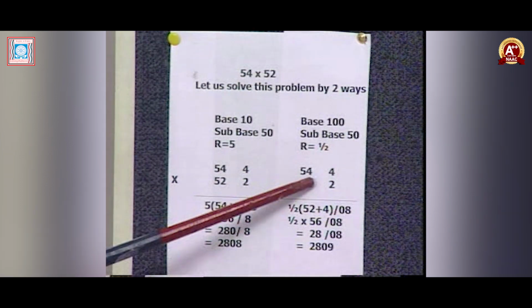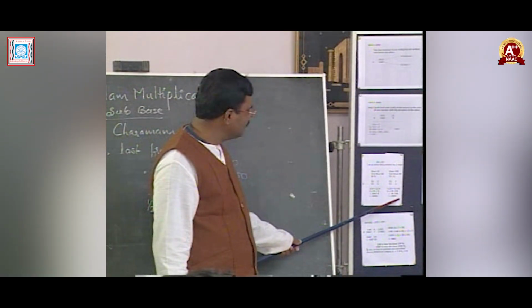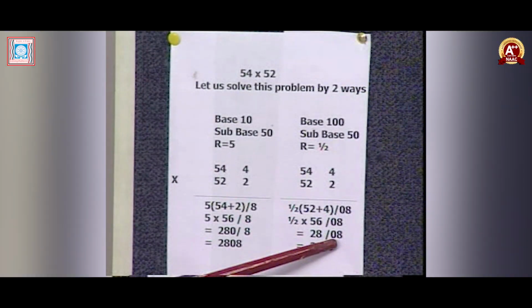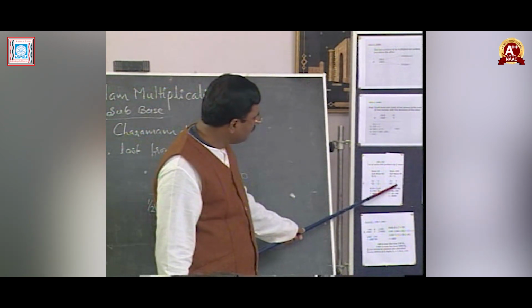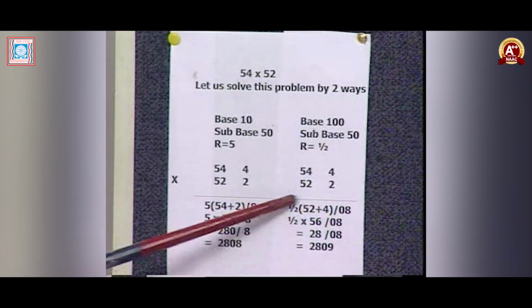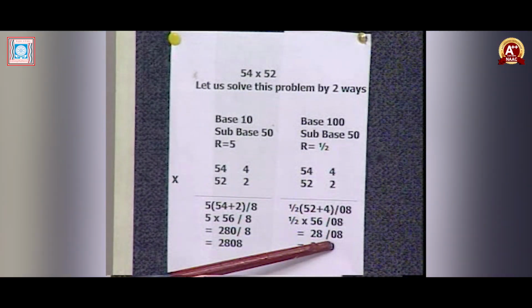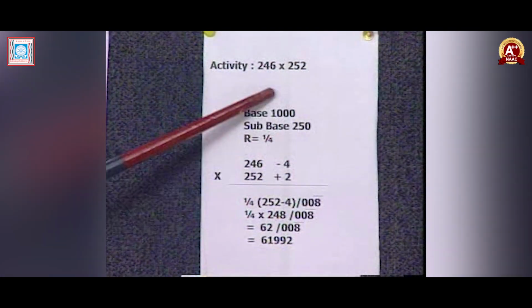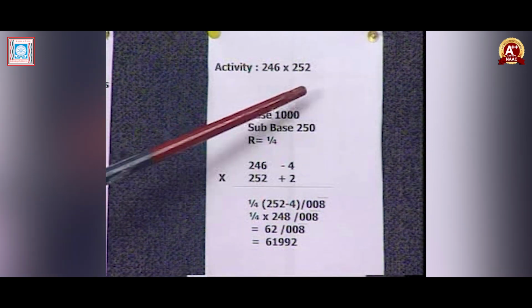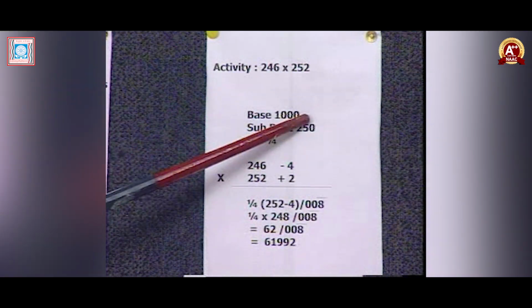The product of 4 and 2 is 8. That is 08 is the right part. What is 54 plus 2? 56. Half of 56 is 28. 2808 is your answer.